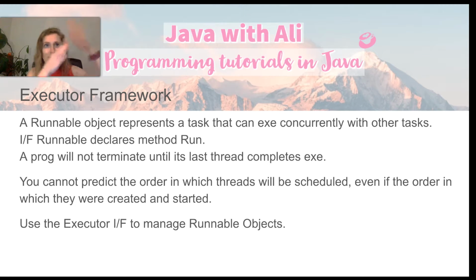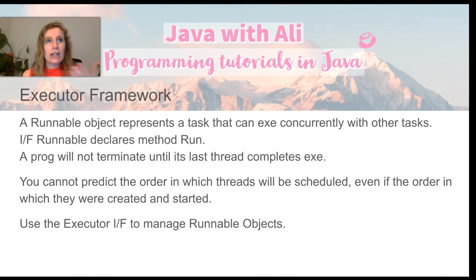They're all related. The Runnable interface declares method run, and we saw this in the IDE, Eclipse, when you use the Runnable interface and generate the methods associated with it, you're generating run, which we saw in the previous video. A program will not terminate until its last thread completes execution.